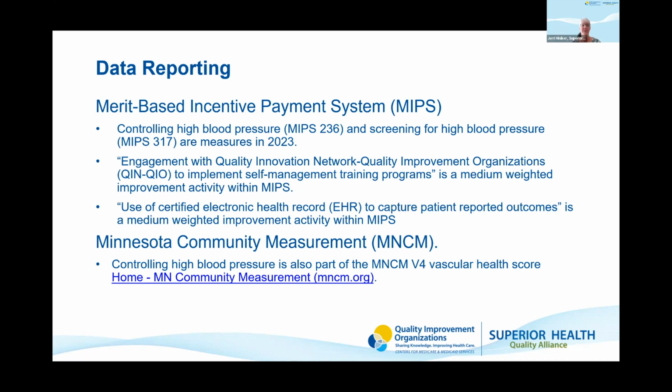And what you can report there is the implementation of a self-management training program. So an SMBP program would be something that you could report on, that you have in place, and that's a medium weighted improvement activity within MIPS. There's also the use of your electronic health record, or EHR, to capture patient reported outcomes. That's another medium weighted improvement activity within MIPS.